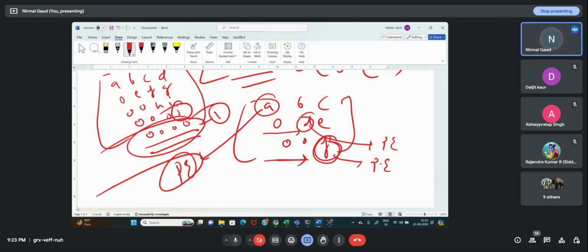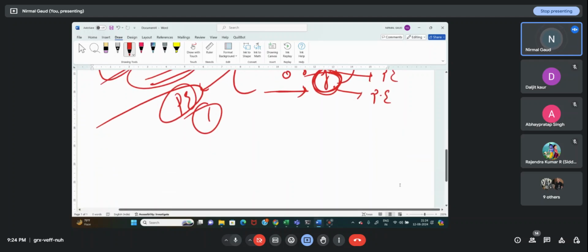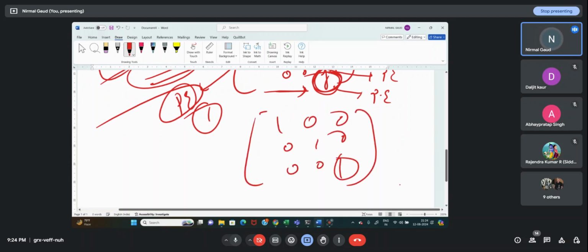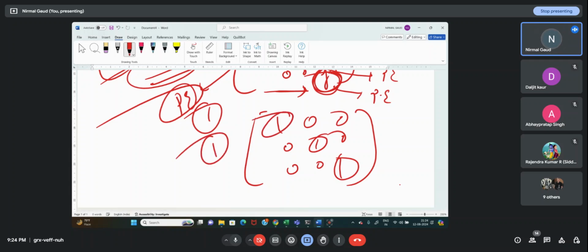So these are the pivot elements according to the property of echelon format. Yes, if it is reduced echelon, then they will be 1. If I am talking about echelon, these are the pivot elements. But if it is reduced, that means it has 1 0 0, 0 1 0, 0 0 1. So these pivot elements are what it calls 1.